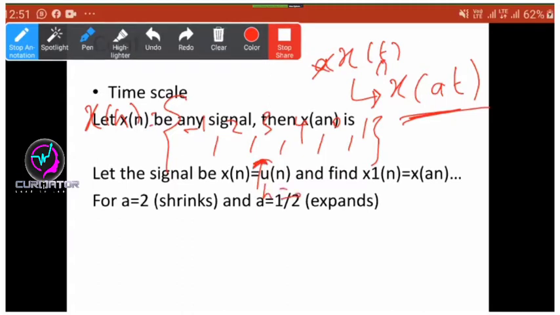Now its graph is like this. X of n, this is n, this is 0. On n equal to 0 we have value 3, and n equal to minus 1 it is 2.